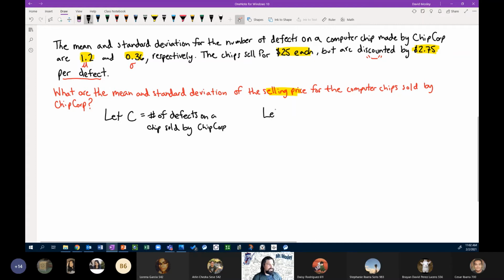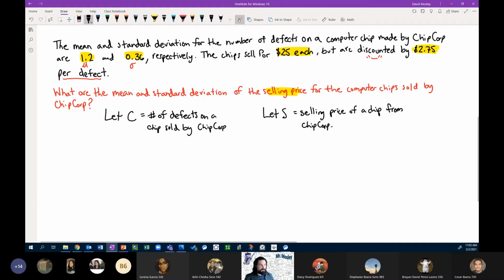And we're going to let S equal the selling price of a chip from Chipcore.